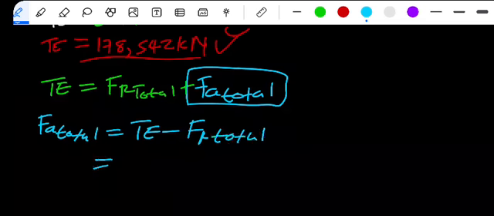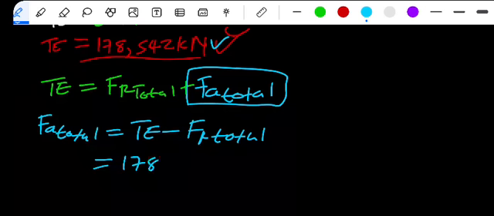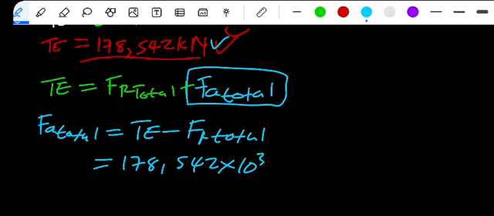So TE we have there: 178,542 kilonewton times 10 to the power of 3.